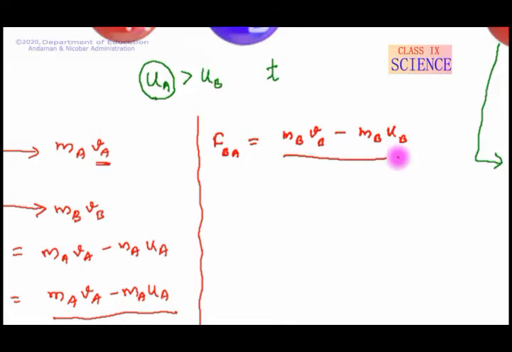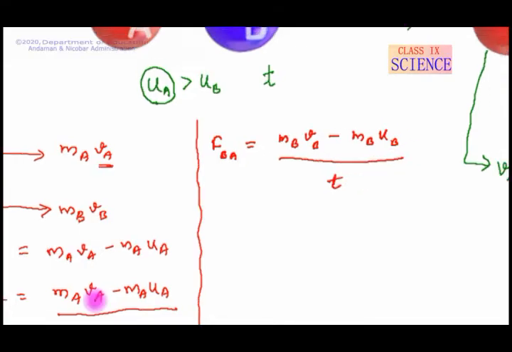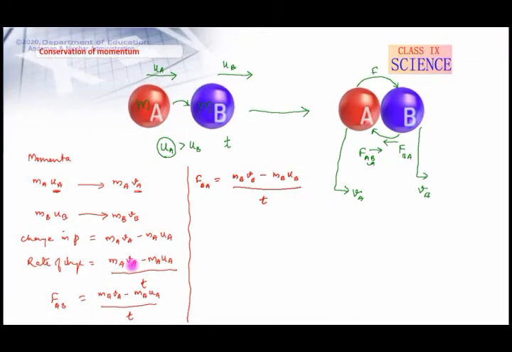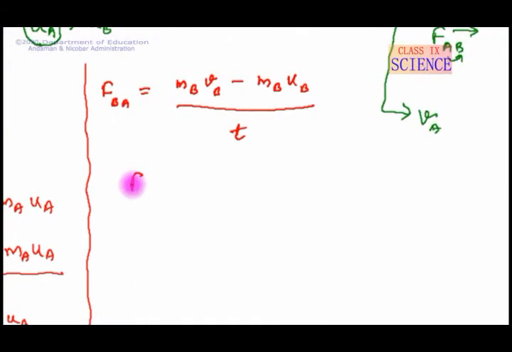We have learnt in the third law of motion that for every action there will be an equal and opposite reaction. So, ball A's force is the action force and ball B will exert an equal but opposite force on ball A. Mathematically, it can be expressed as FAB is equal to minus FBA.